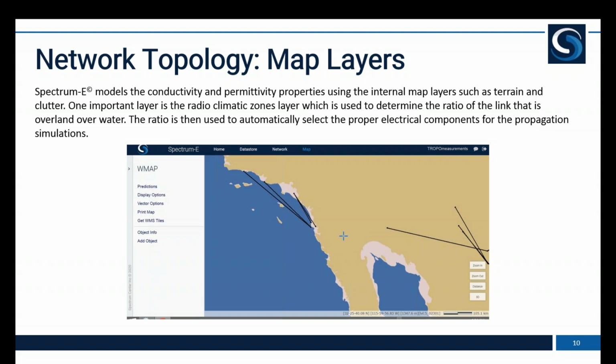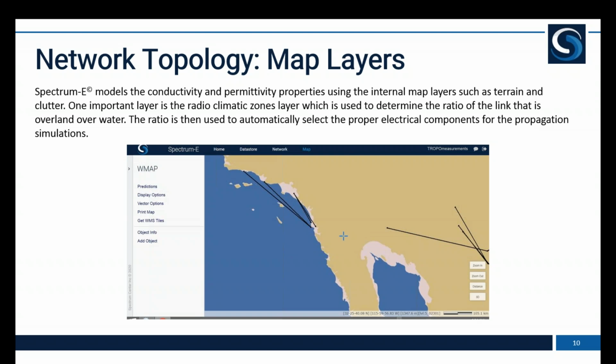From this ratio, the tool is able to automatically deduce the appropriate conductivity and permittivity properties of the terrain to use in the calculations. Now, this is very important because, like I mentioned before, other legacy tools may ask the user for such values.